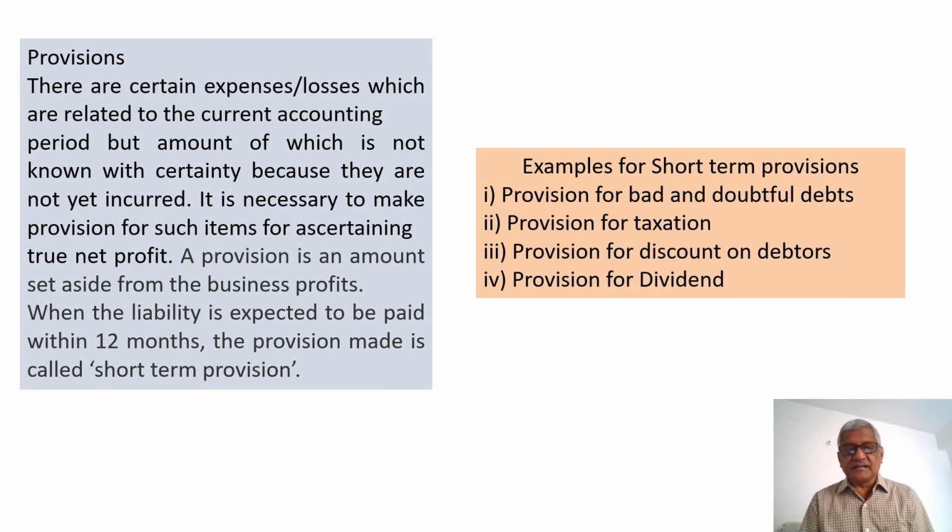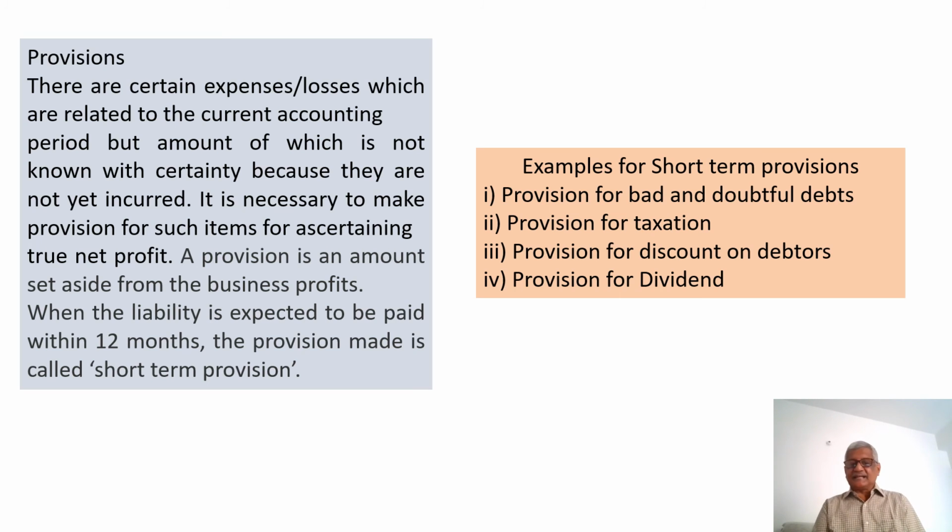Now let us understand what is meant by provisions, because short-term provisions is one of the items coming under current liability. There are certain expenses or losses which are related to the current accounting period, but the amount of which is not known with certainty because they are not yet incurred. It is necessary to make provision for such items for ascertaining true profit or loss.